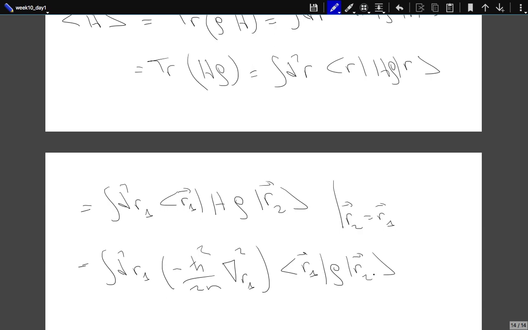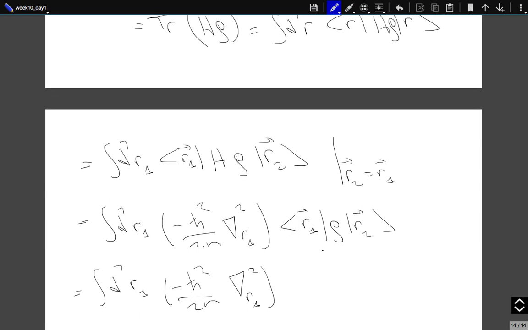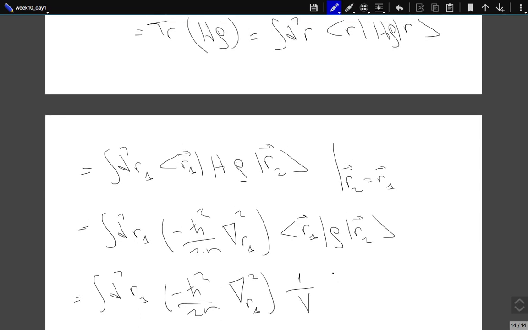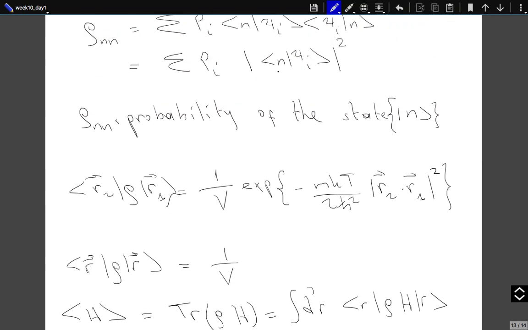Now, I already know what that matrix element is: the integral d cubed r1 of minus h bar squared over 2m Laplacian with respect to r1 of 1 over V times e to the power minus (r1 minus r2) squared divided by lambda squared. Now I defined lambda squared to be all this thing inverse.